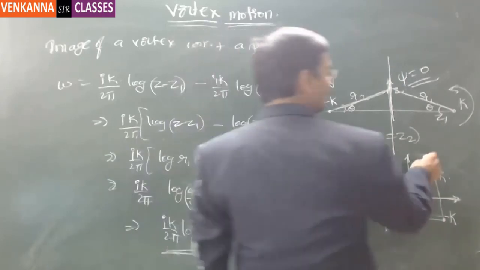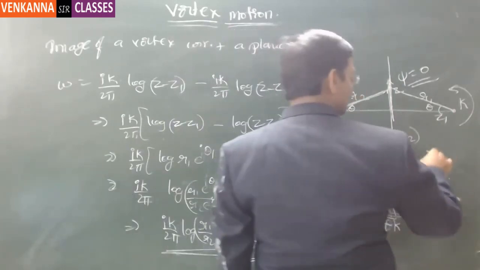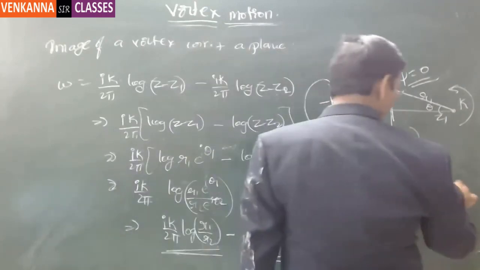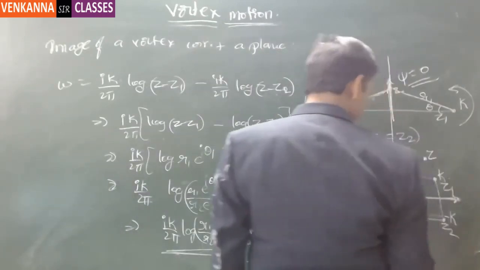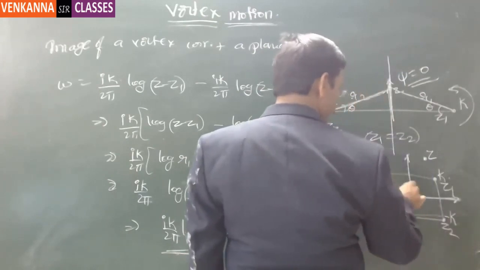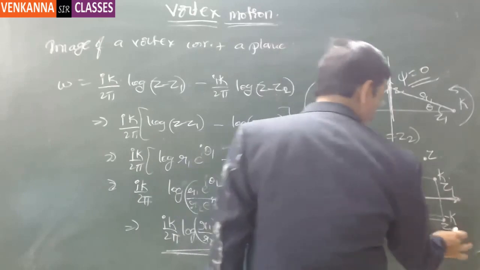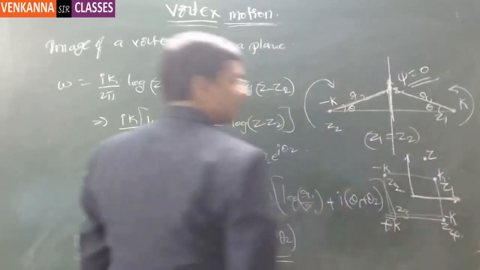Suppose you want to form the complex potential at this particular point, let us say Z. Let us say this is at Z1, this is Z2, this is Z3 and this is Z4, and I call this the quadrant system.